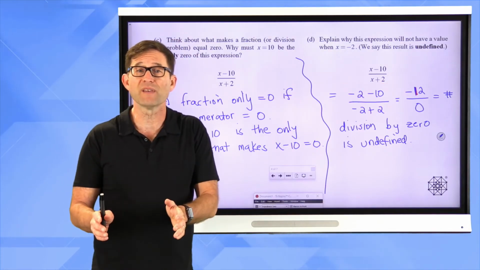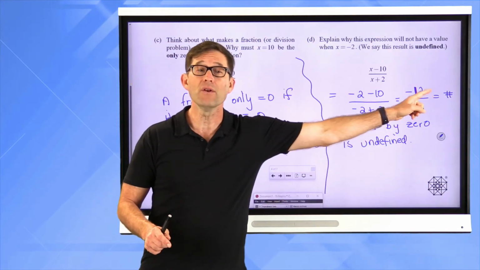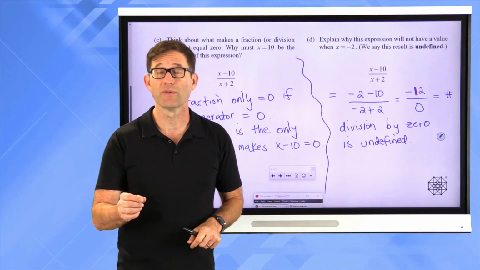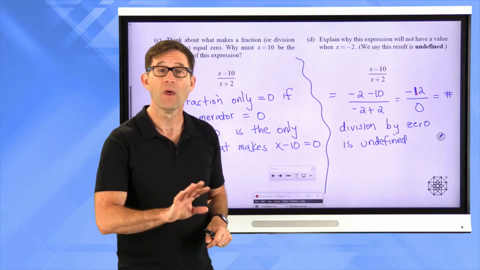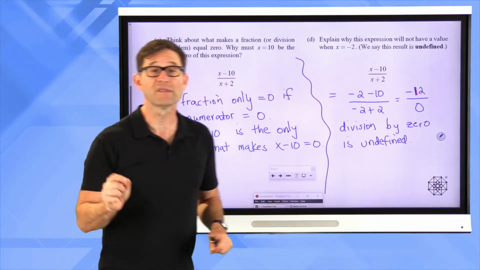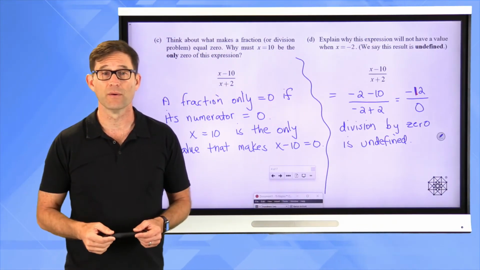But 0 times any number is 0. And therefore, there can be no number that negative 12 divided by 0 is equal to. There just can't be. So division by 0 is never allowed, which means the denominator of a fraction can never be equal to 0.